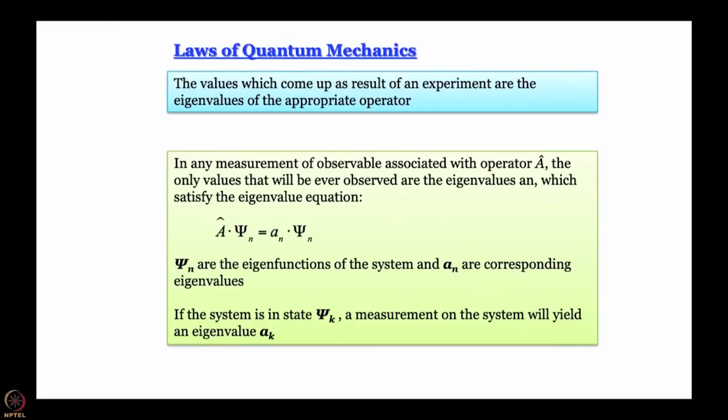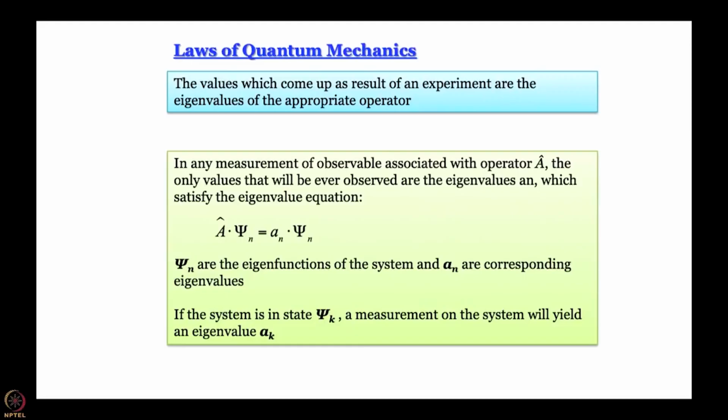By making the corresponding operator of that physical property operate on the wave function. We will get an eigenvalue equation like we did for the Schrodinger equation, and the eigenvalue is going to be the value of that property. So, operators and eigenvalue equations have a very central role to play in quantum mechanics.